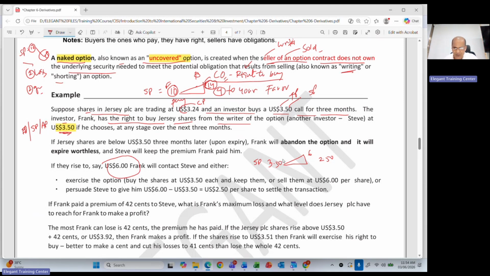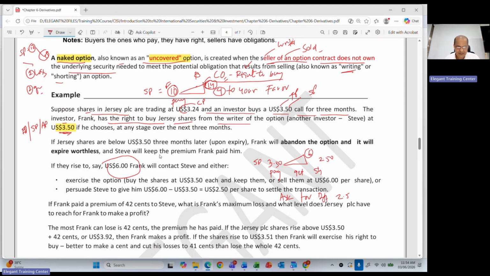And this poor fellow, he has to give you shares worth 6 dirhams, but you will pay only 3.5. So either you pay 3.5 and get shares, or you can ask for difference. You can say, no, I don't want the shares. So he can give you 2.5 difference, and that's called cash settlement, right?